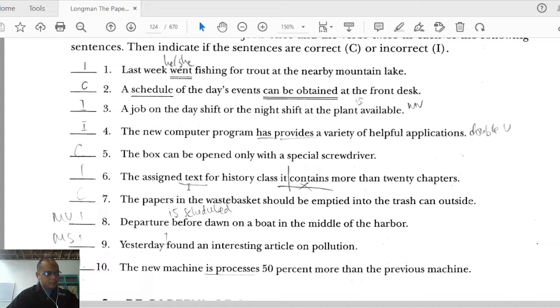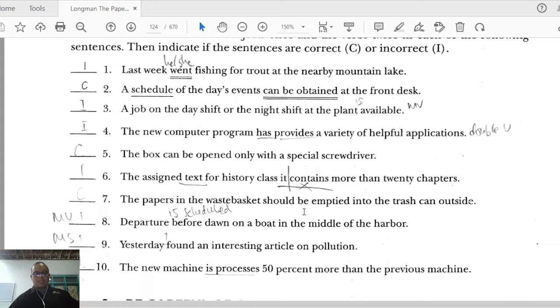Should be adalah verb ya, should be emptied. Okay, this one, departure before dawn on a boat in the middle of the harbor. Nah, ini salah. Departure is scheduled. Yeah, there is no verb. It's scheduled. Jadi number 8 incorrect.